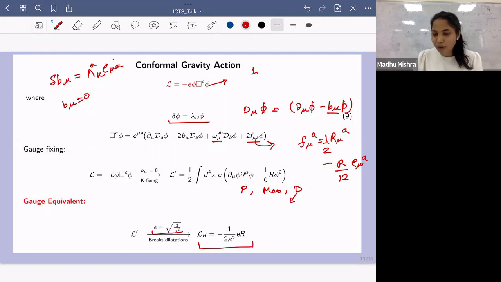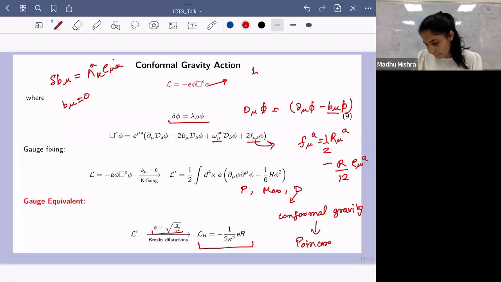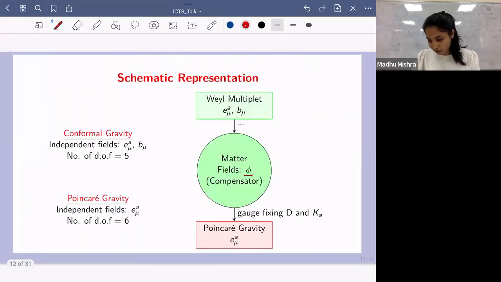So what we have shown here is that conformal gravity is gauge equivalent to Poincare gravity. In a schematic way, this is what we have shown.